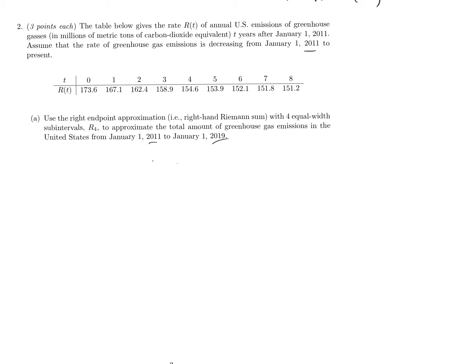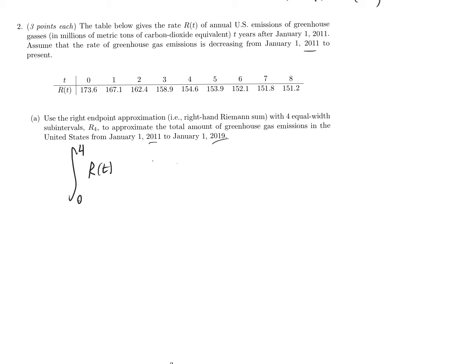And 2011 is t equals 0. So what I usually like to do is write it out as an integral first, so I see what integral I'm trying to approximate. So I am taking the integral from 0 to 4 of r of t.